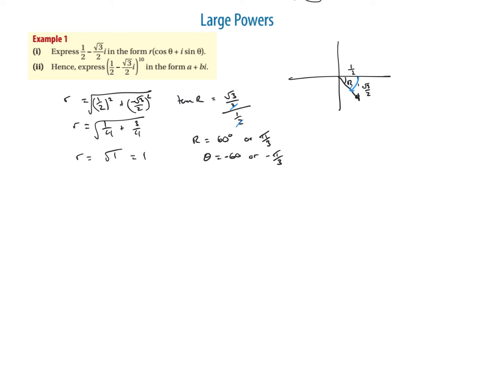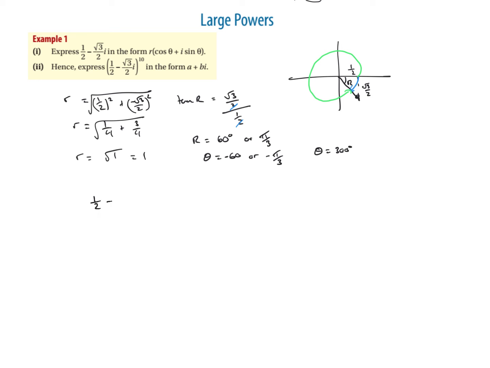Or if we wanted to, we could come all the way around and do it in the positive direction. Then theta is equal to 360 minus that 60 for the reference angle, which is 300 degrees. Or we could work it out in radians as well. I'm going to go with the negative one, so theta is equal to minus 60.